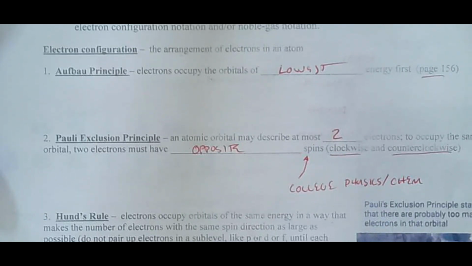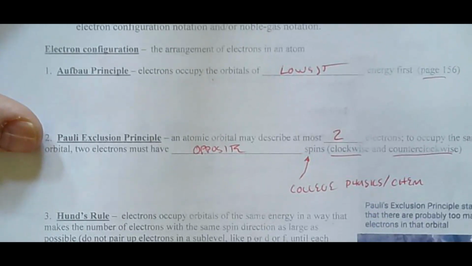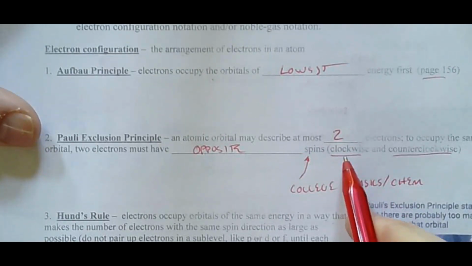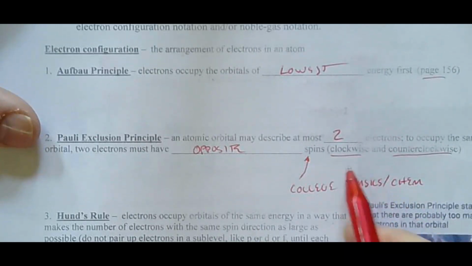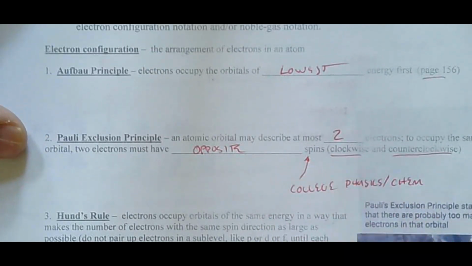I know in the chemical engineering curriculum that was a junior level class at Purdue, chemistry 378. It was so much fun. But all you need to know for the sake of this course is to think of spin as clockwise and counterclockwise, and that they have to have opposite spins to share the same orbital.